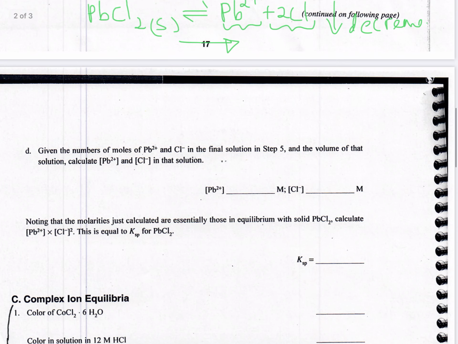Given the number of moles of lead ions and chloride ions in the final solution in step 5, where we have 14 milliliters as the volume of that solution, calculate the lead ion and the chloride ion concentrations. Now, we found out the number of moles of lead ions and the chloride ions.